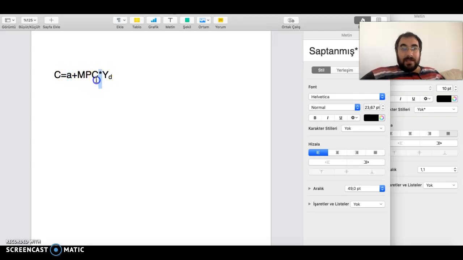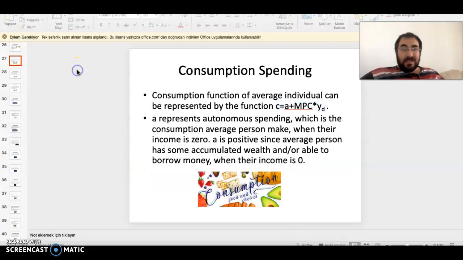Then we find the MPC of the whole society as an average, and we multiply it with YD, which is GDP minus tax, and then we add these terms together and we find the consumption. This is how we can calculate the consumption, and you might not be surprised, these numbers are not difficult to calculate since YD is continuously changing, and consumption spending is also changing. If you have two equations, your two unknowns will be A and MPC.